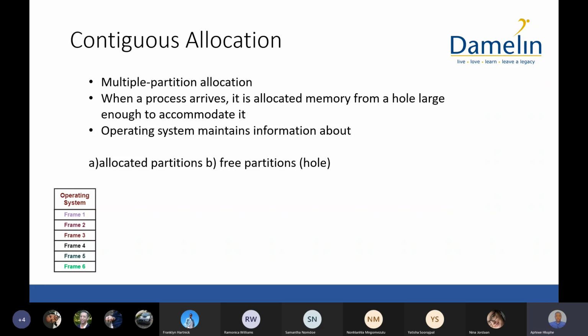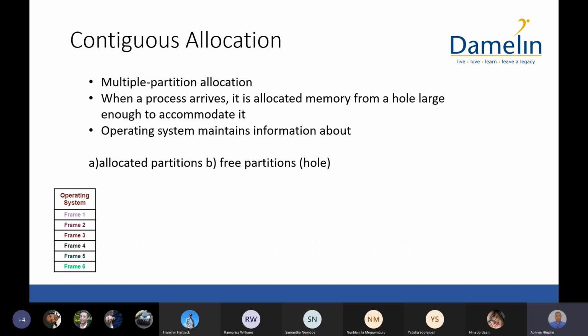Then we have the concept of contiguous allocation. We said when you launch a process on a computer, you open up a program, it's divided into pages. Forget segmentation for now. It's divided into pages of equal size, and the frames on the RAM's side are also divided into equal size frames.